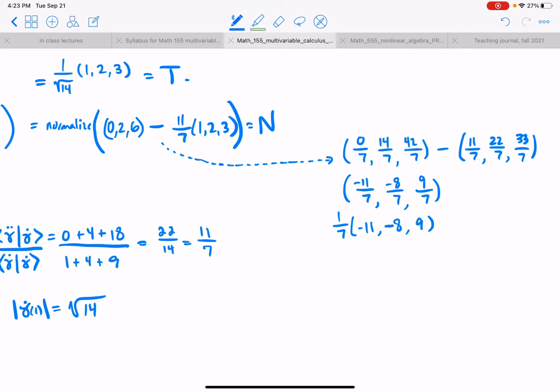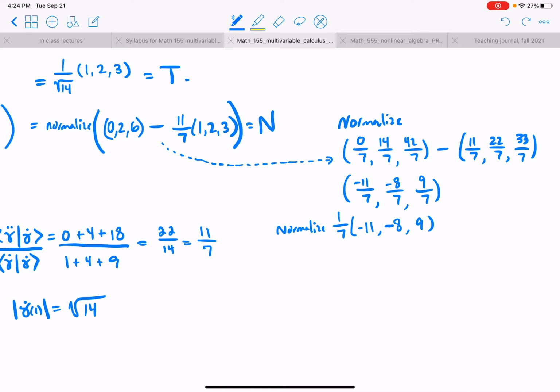Okay, so I need to normalize this. Well, I can just get rid of the 1/7 because if I normalize the vector, it'll have length 1. So I'm just going to multiply this whole vector by 7 and then normalize that. It's just a simpler thing to do.